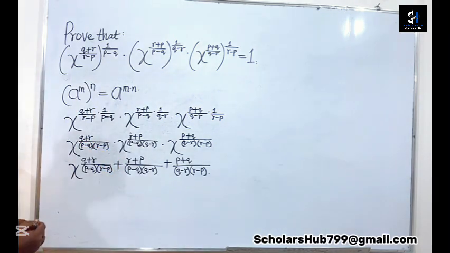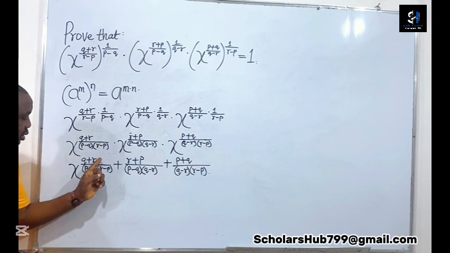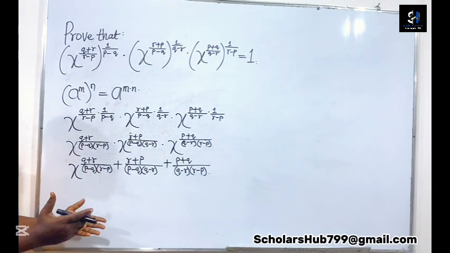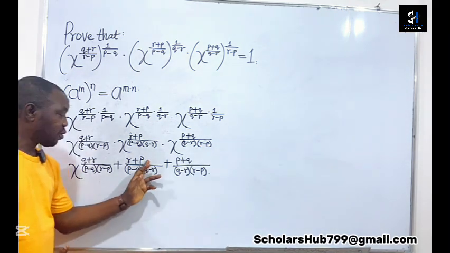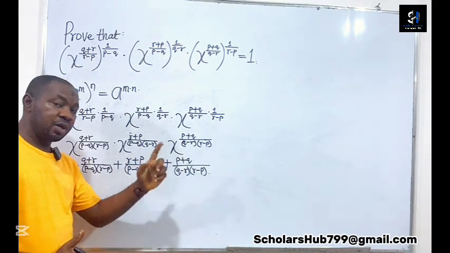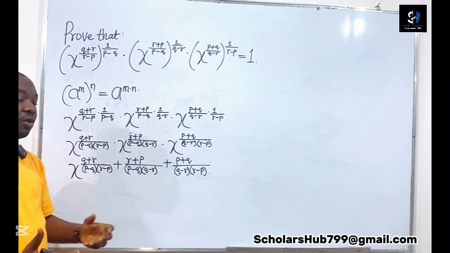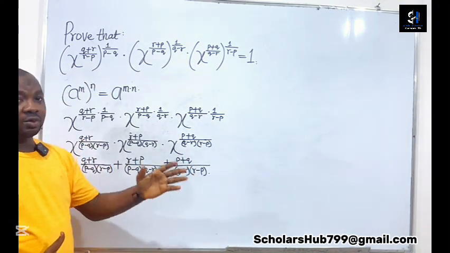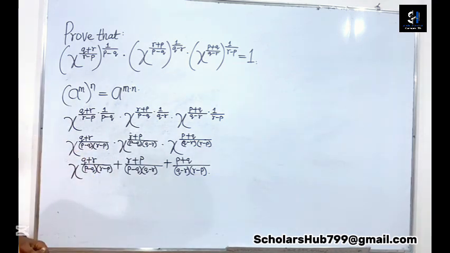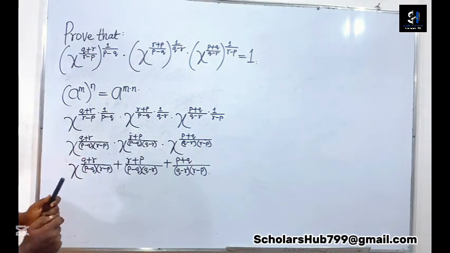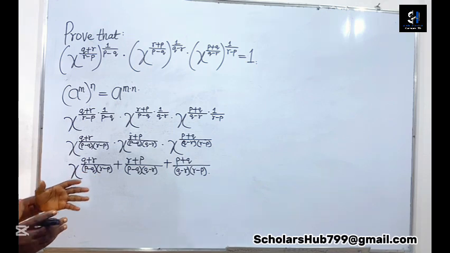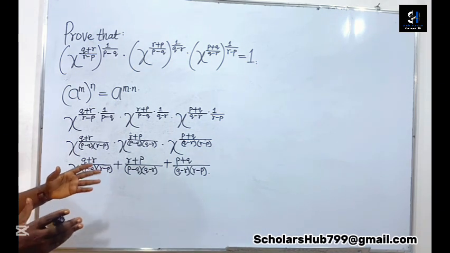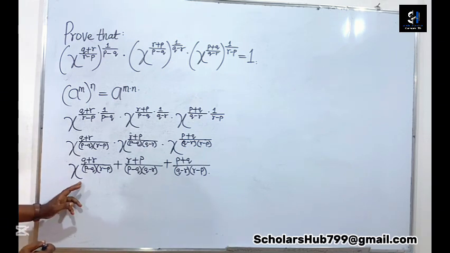So I'm going to multiply the first fraction by (q minus r) divided by (q minus r). The second fraction will be multiplied by (r minus p) divided by (r minus p). Then the third fraction will be multiplied by (p minus q) divided by (p minus q), because we need a common denominator of the product of p minus q, q minus r, and r minus p. Let's not forget that.